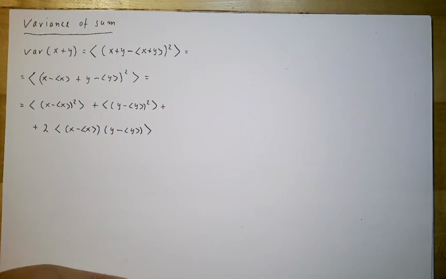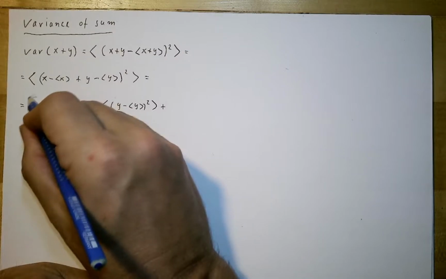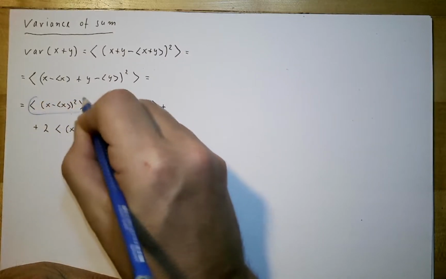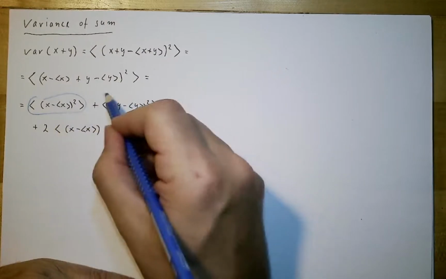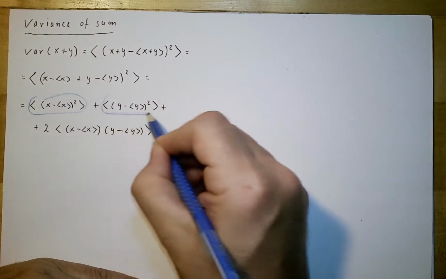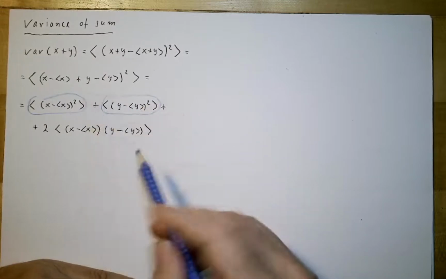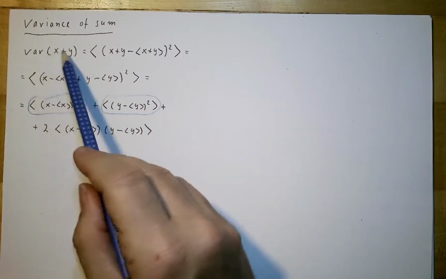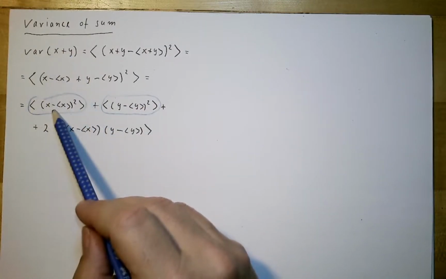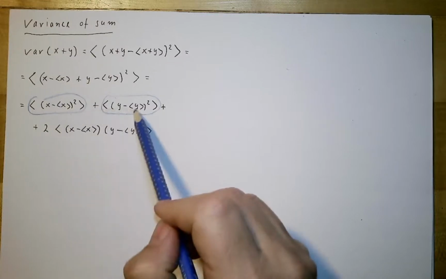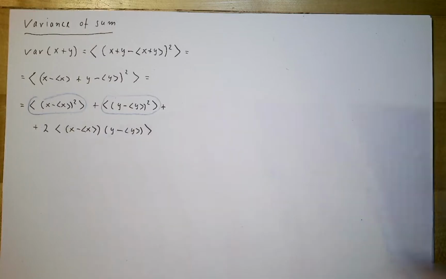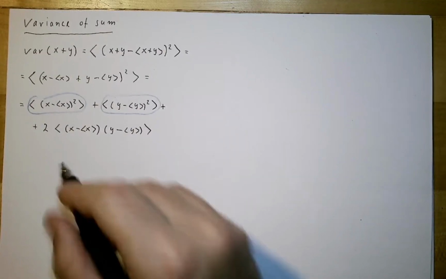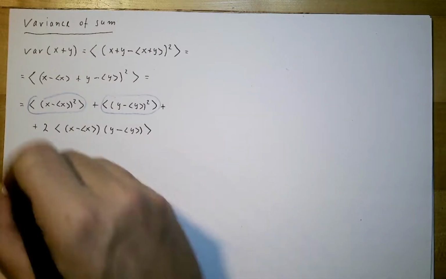And now you see this here, this is just the variance of x, and this is the variance of y. So the variance of a sum is the variance of the first term plus the variance of the second term plus 2 times something which is left over, and then we call this here the covariance.